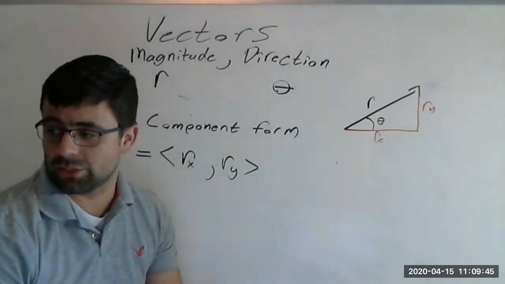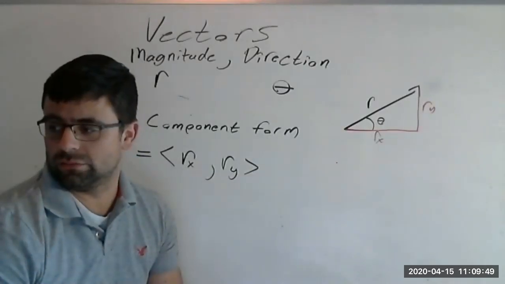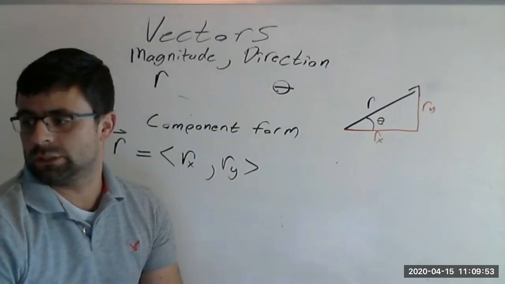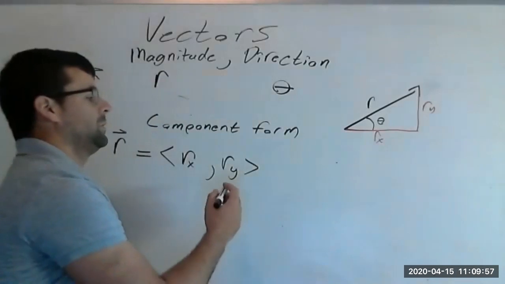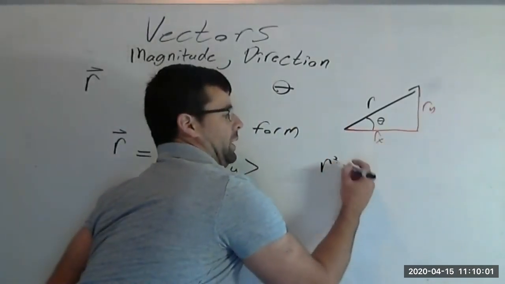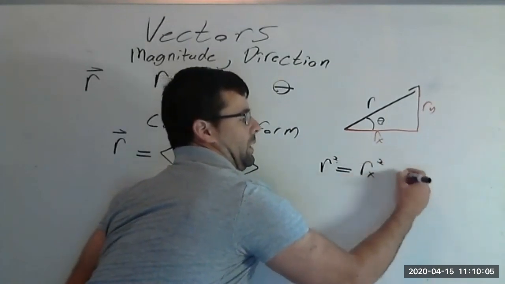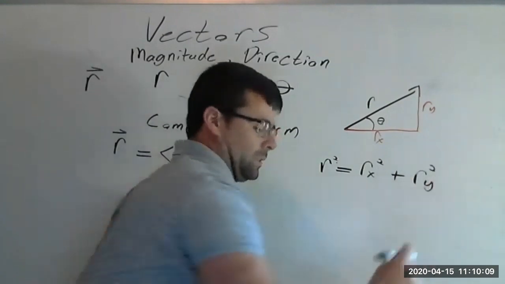What just so happens to be true for right triangles? The Pythagorean theorem. So one of the relationships that relates these things is R squared equals Rx squared plus Ry squared.